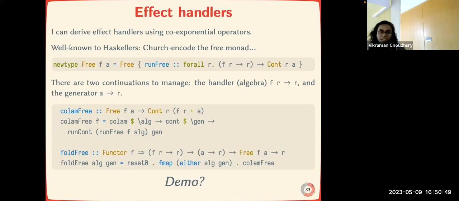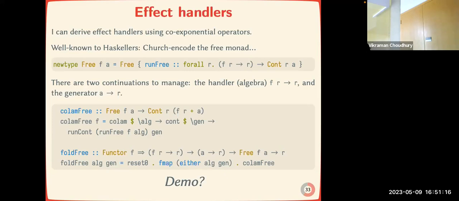Okay, and if you instantiate this colam operator with this polymorphic for all R, plus it has to be F of R instead of a simple type. So there are some tricks around polymorphism and the system of encoding here, but it gives a very conceptual way of understanding the fact that it really is two continuations.